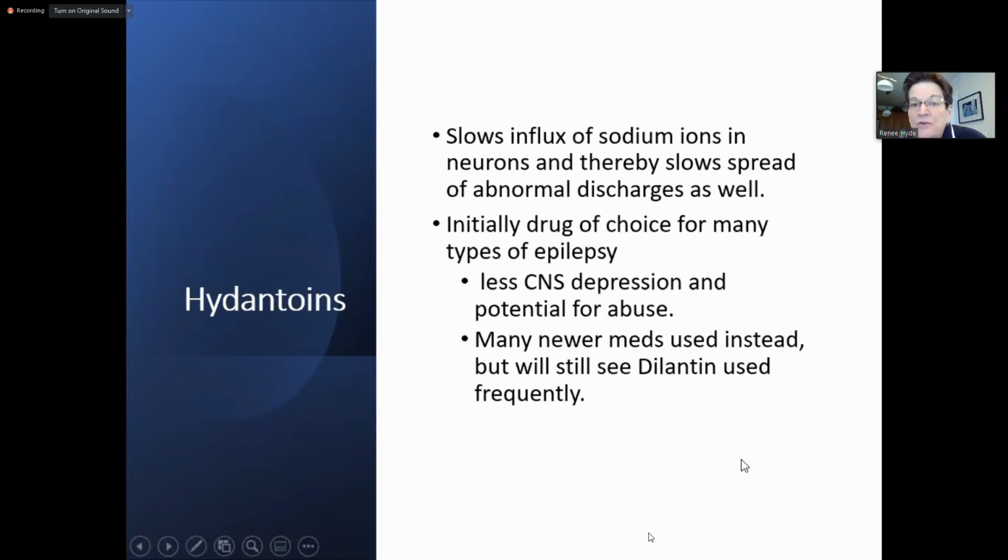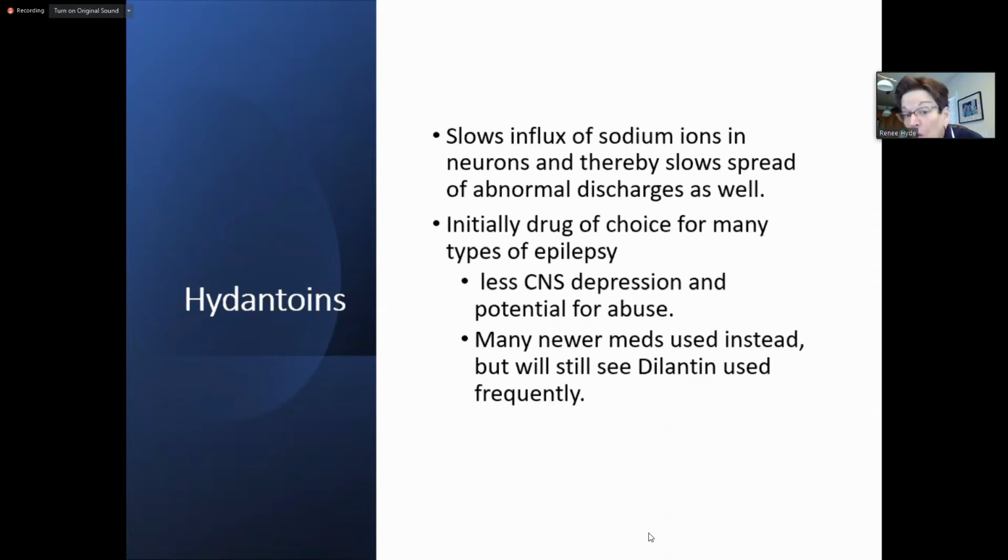What does it do? Well, it slows influx of sodium ions, and therefore it will slow the spread of those abnormal discharges. There's less CNS depression and potential for abuse than with your phenobarbitals.